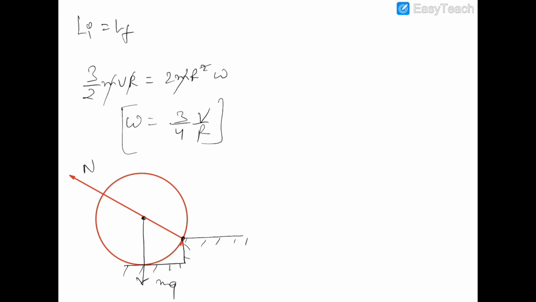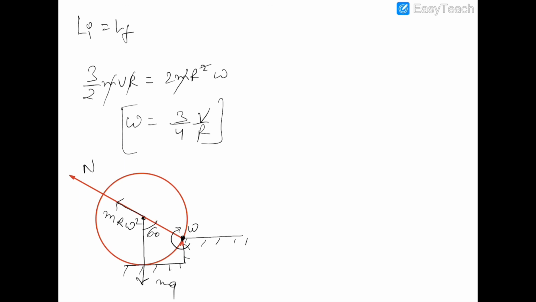Now if the ring is rotating about this point with omega, then the pseudo force, which is m r omega square, would be acting on this ring in this direction, and this angle would be 60 degree. We have already discussed this angle.